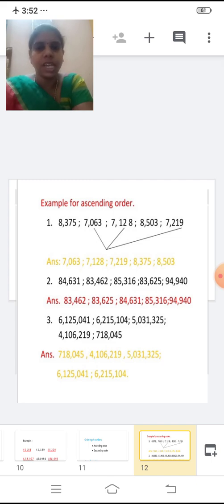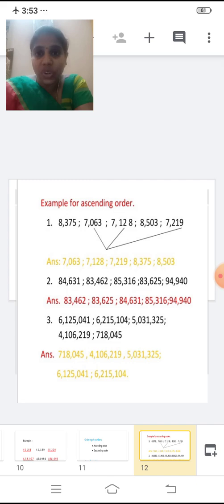First number we have 3 in the hundreds place, fourth number we have 5 in the hundreds place. Now which is smaller, 3 or 5? 3 is smaller, right? So I'm writing the next number 8,375. Then 8,503. So next one.